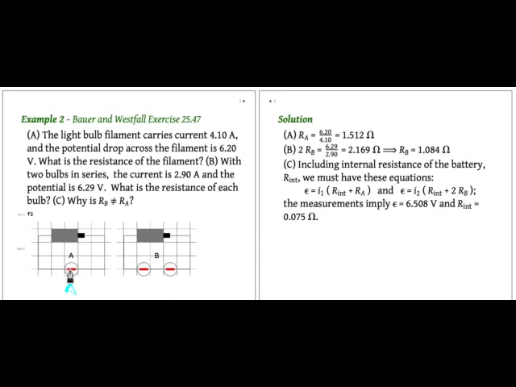The resistance is predominantly in this filament. The wire that connects the battery to the filament has resistance very small. So that's part A. Part B has two identical light bulbs, same battery, and now what's the resistance of each bulb?